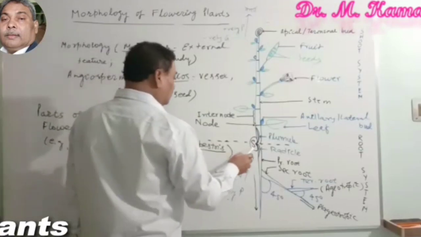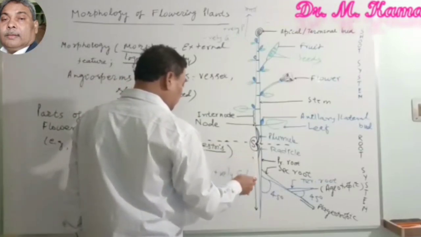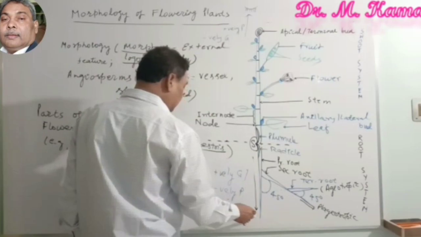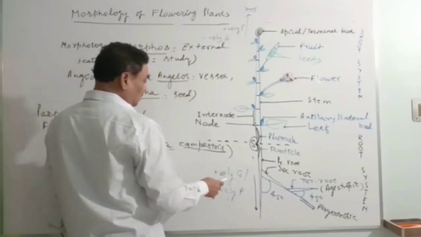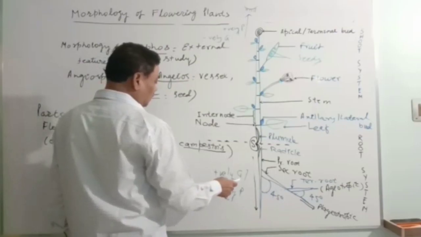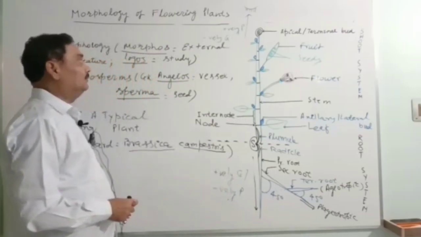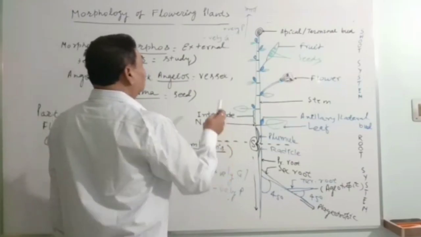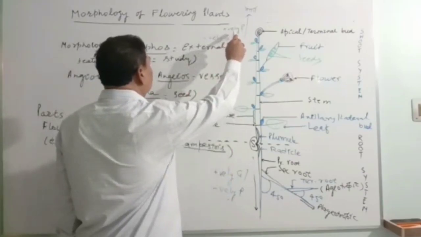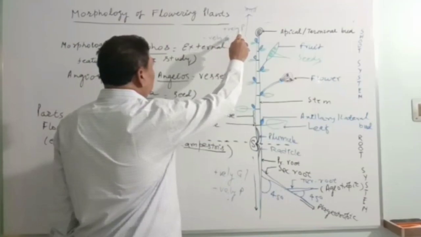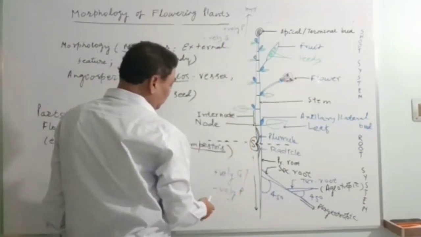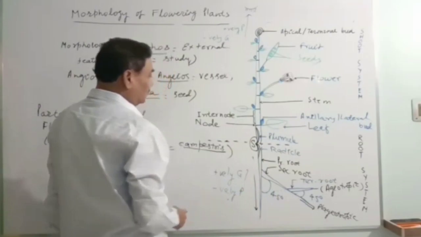As primary root grows vertically downward towards center of earth, so its mode of growth is said to be positively geotropic. As primary root flees away from sun, so its mode of growth is also called negatively phototropic.